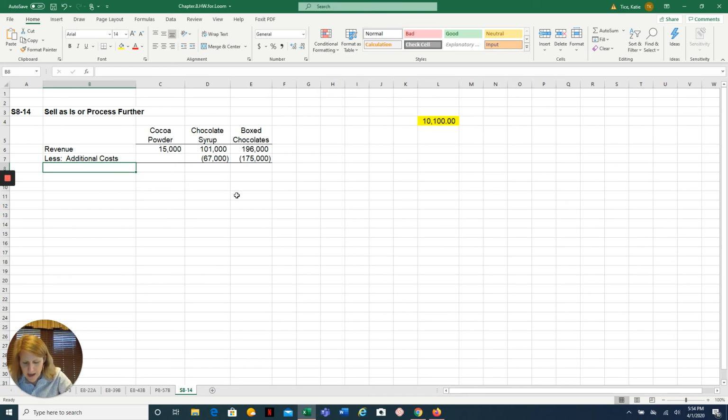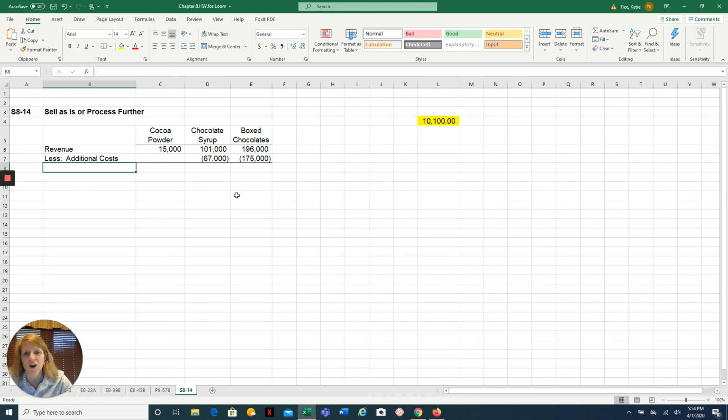Okay, the company president has decided to make boxed assorted chocolates owing to its high sales value and to the fact that the $10,100 cost of processing cocoa beans eats up most of the cocoa powder profits. Has the president made the right or wrong decision?